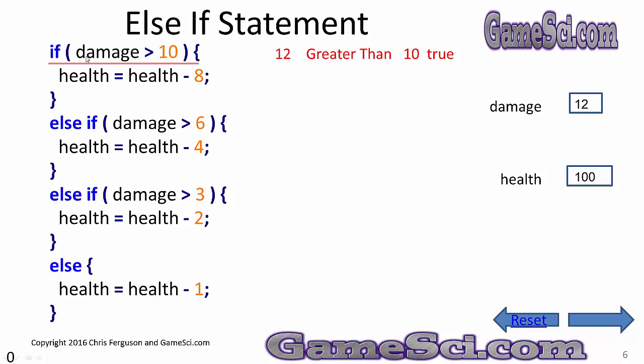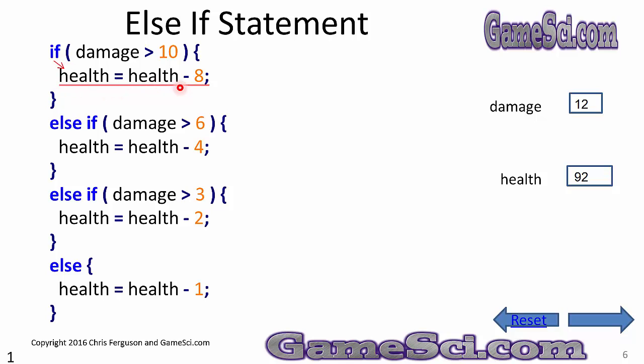Let's start with a damage variable that contains 12 and a health variable that contains 100 and trace what this code does with those variable values. With damage equal to 12, 12 greater than 10 is very much a true statement. As a true statement in the if portion, we expect this code to select the if code to execute.